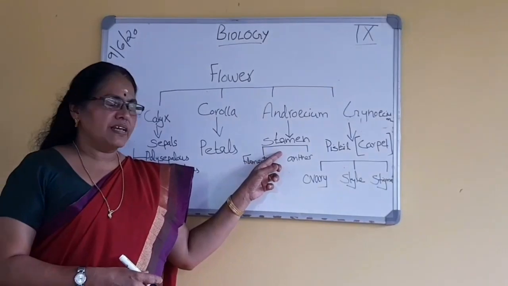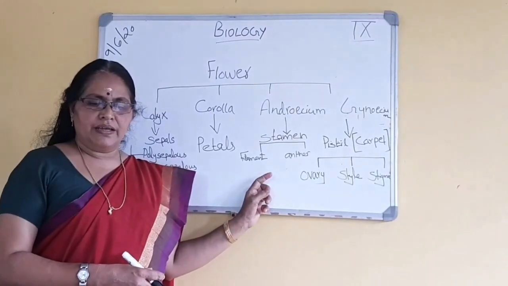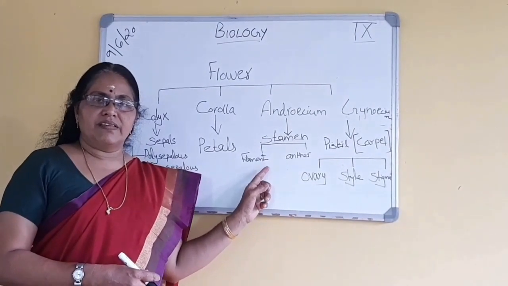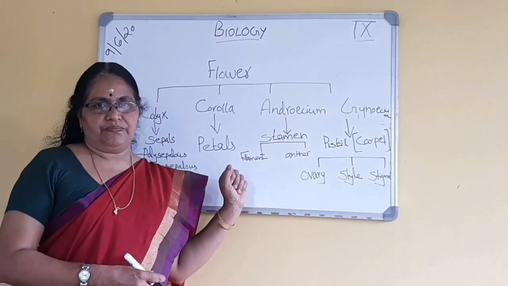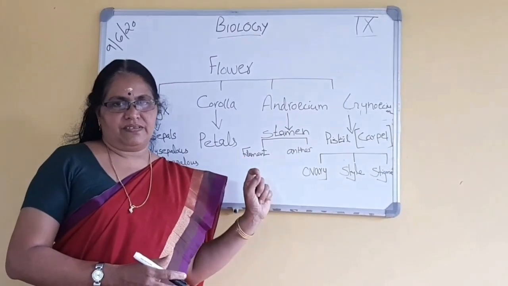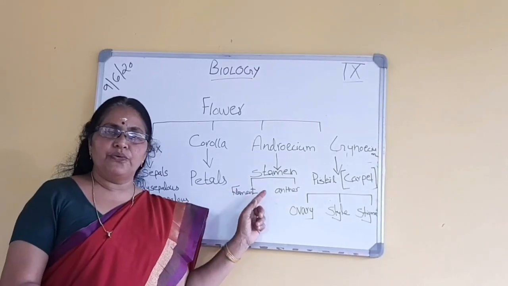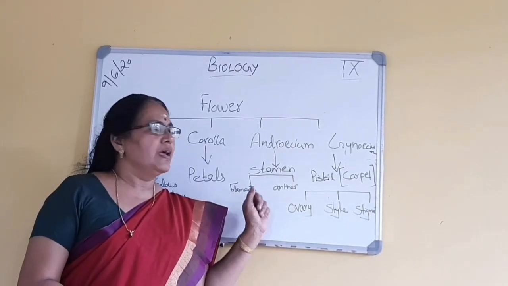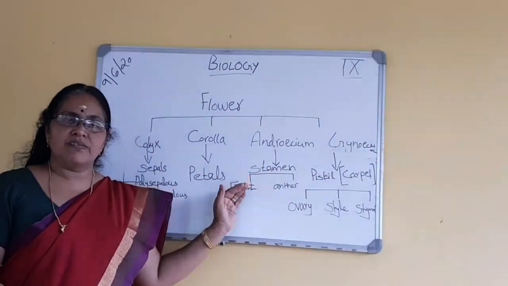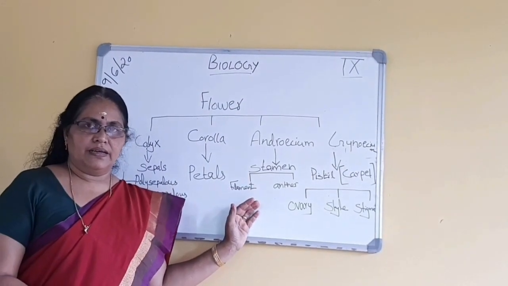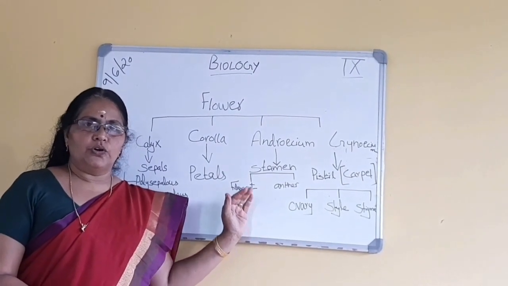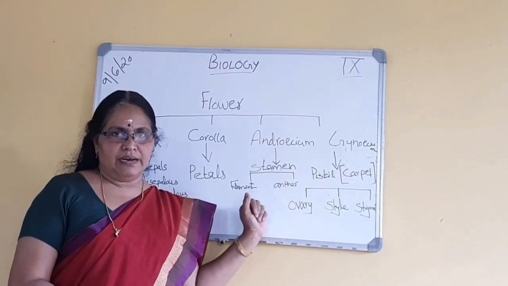If all the stamens are free in the flower, then we can say it is a polyandrous flower. Polyandrous, that means stamens are free, as in petunia flower. And sometimes the stamens are united in one bundle, two bundles, or three bundles.